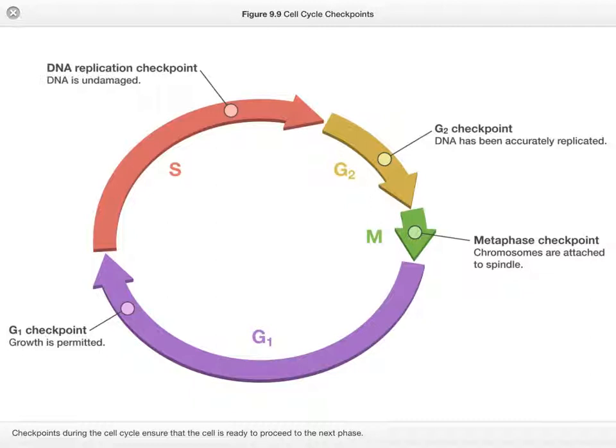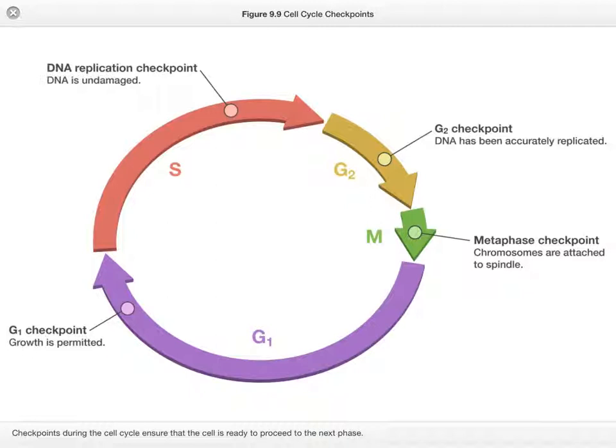During G2, it double checks to make sure that the replication that occurred in the previous step was accurate, that there were no mistakes made. And then M, the metaphase checkpoint, is going to check something else very important, that everything is aligned where it's supposed to be for cell division. What was S again?